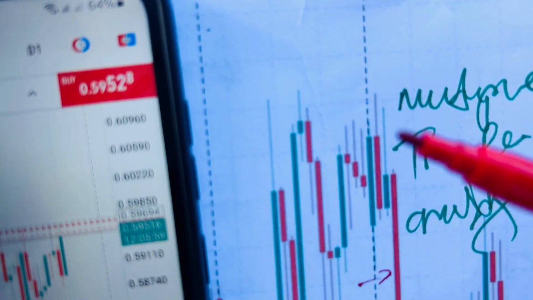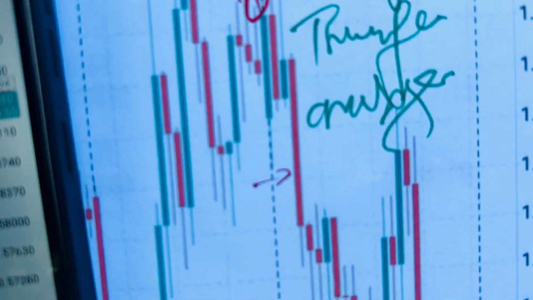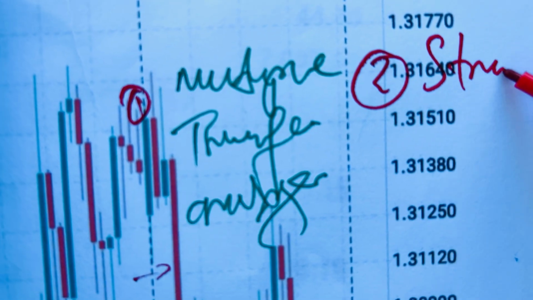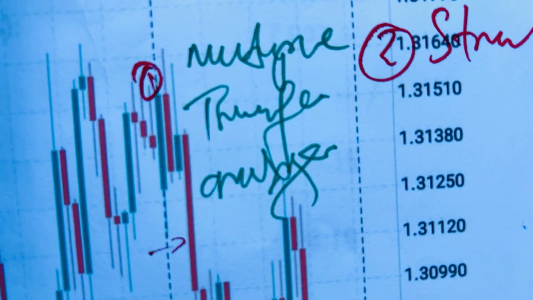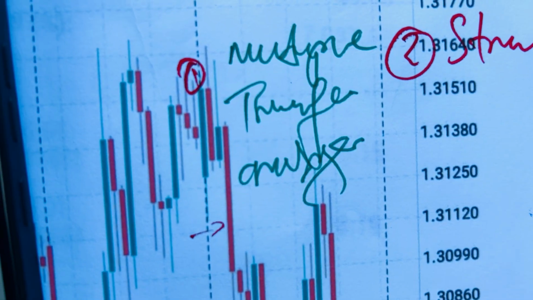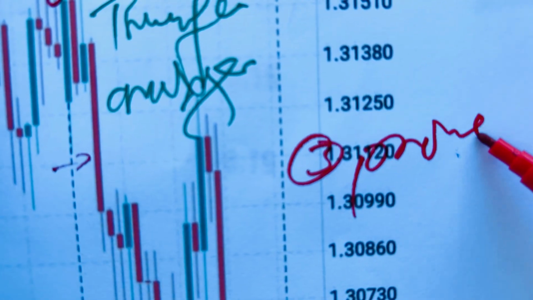So that's number one. Number two, in our journey to understand the multiple time frame analysis, we must understand structure. Structure, the condition the market creates. Simple. And number three, it's understanding price.